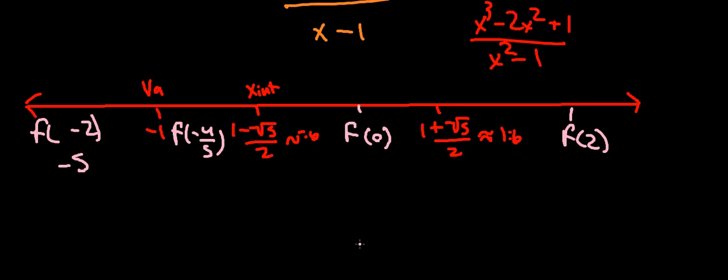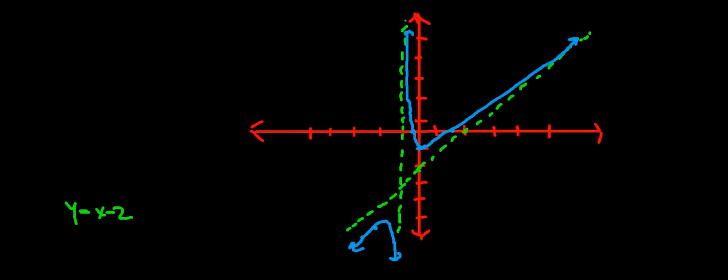We could have found out what all those different things are and then plotted the points. But we know what oblique asymptotes are. They are essentially lines, but then they behave differently when they're around vertical asymptotes. But it's essentially a line. That's basically what it is.